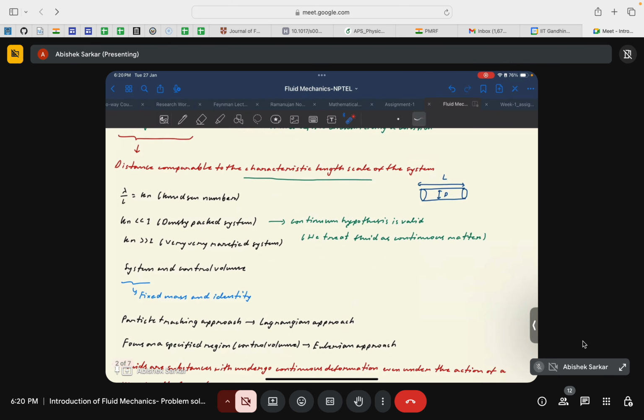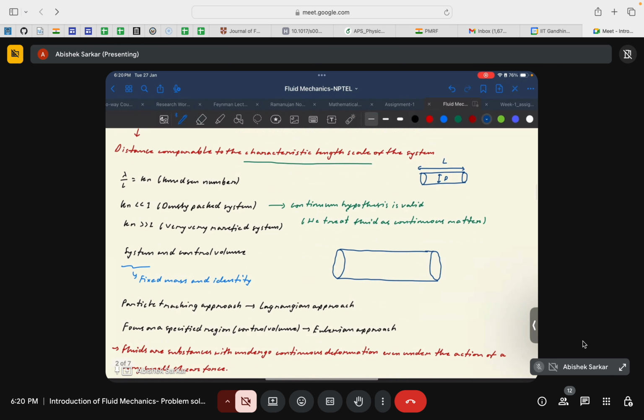I think going through a similar example throughout the class would be better for everyone, so it makes you understand the same physics through different approaches. That makes the concept much clearer. So let us try to analyze a flow through a pipe through a control system approach.